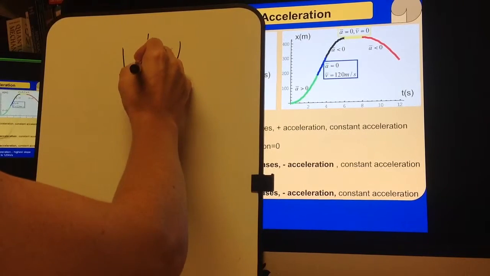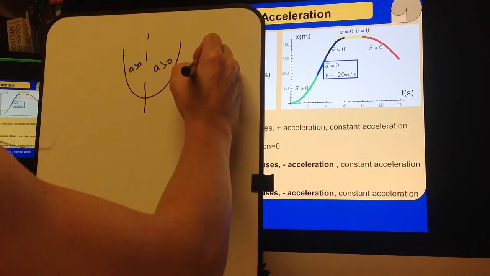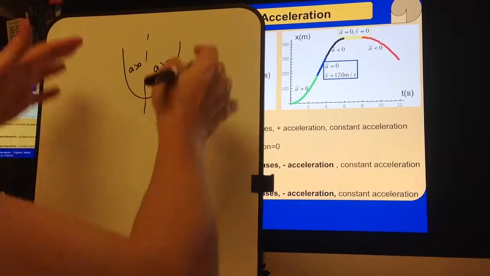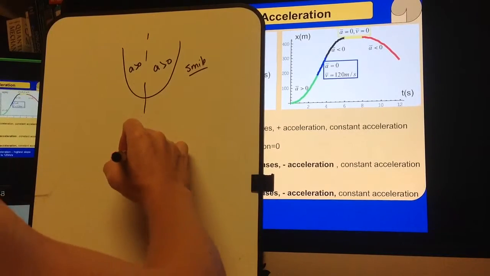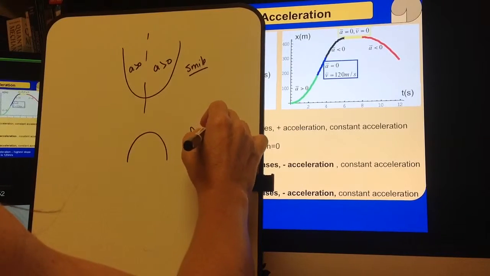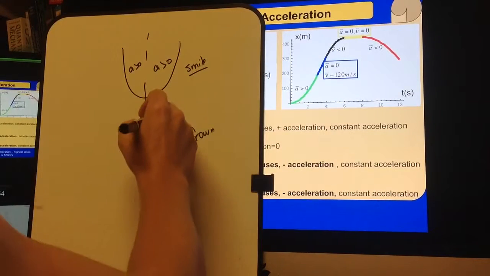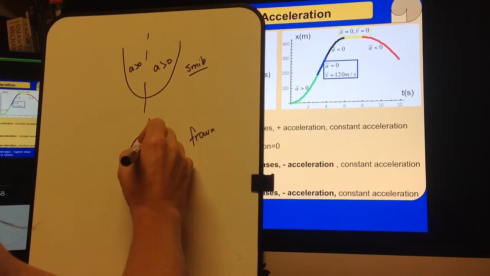This part also, acceleration is bigger than 0. It's what people like to remember as a smile. A smile means positive acceleration. But when the parabola is a frown, pointing down like that, then the acceleration here is negative and the acceleration here is also negative.